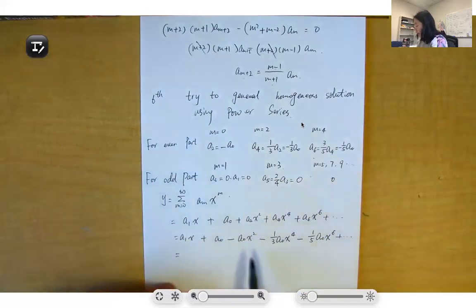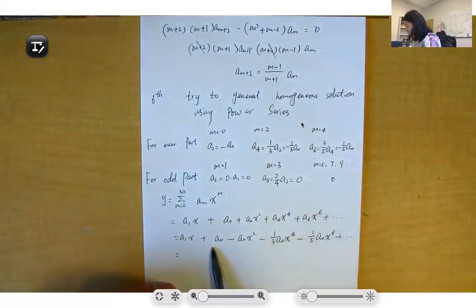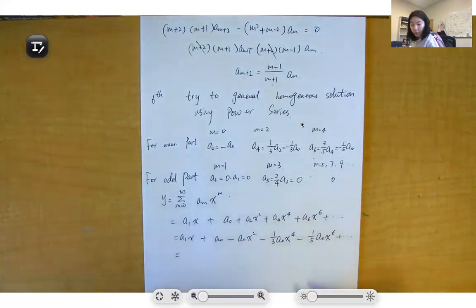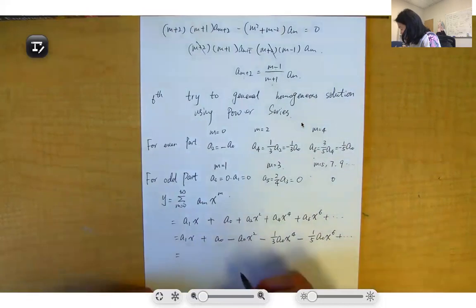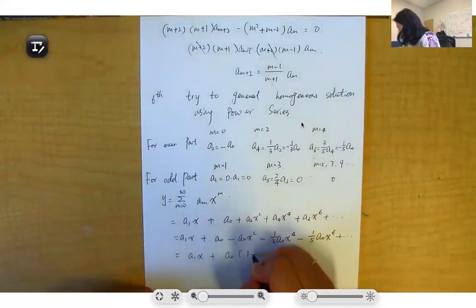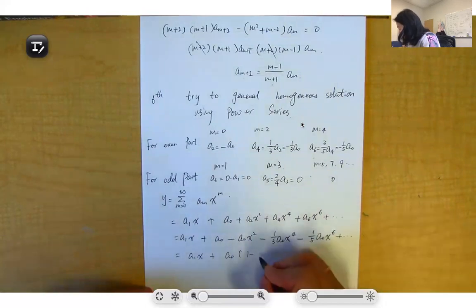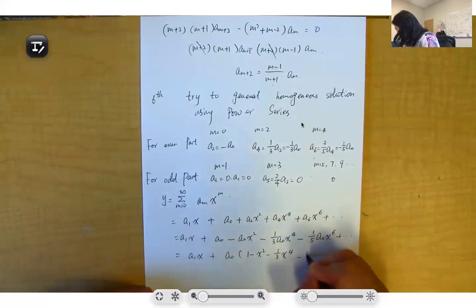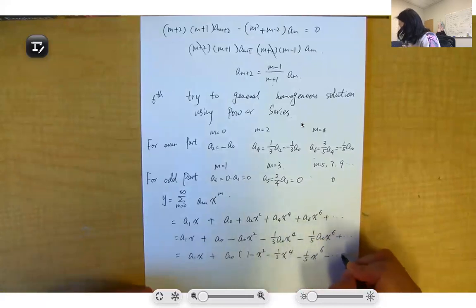Then let's make a naught the common coefficient and put all the other terms together. So it will be a1 x plus a naught times (1 minus x squared minus 1/3 x to the fourth minus 1/5 x to the 6 minus and so on). Okay.